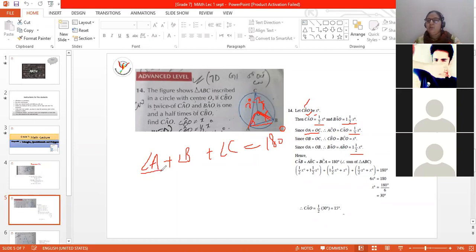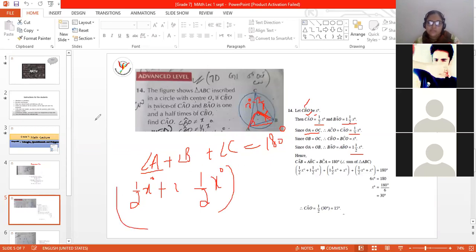Then what is the value of A? A has two angles, this one and this one, B has two angles, this one and this one, C has two angles, this one and this one. So angle A has two angles, half of X degree plus 1.5X degree.